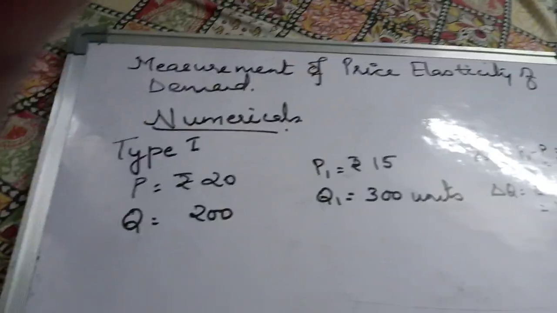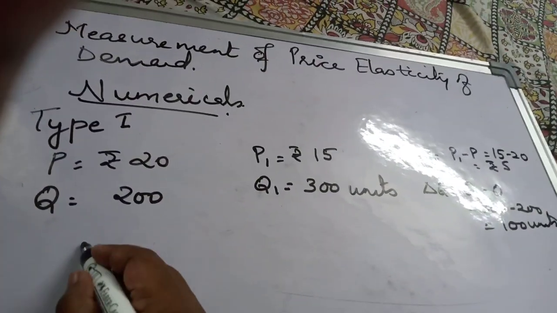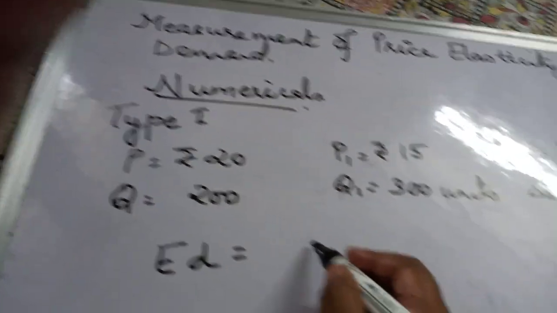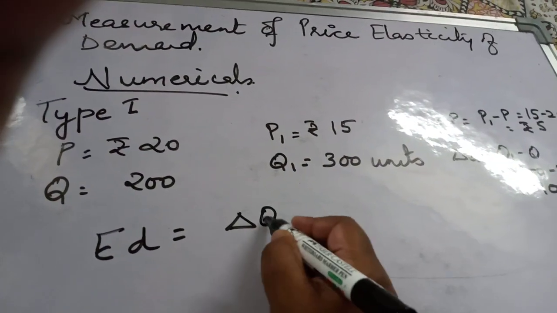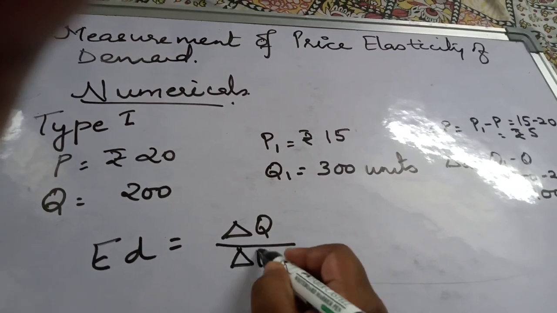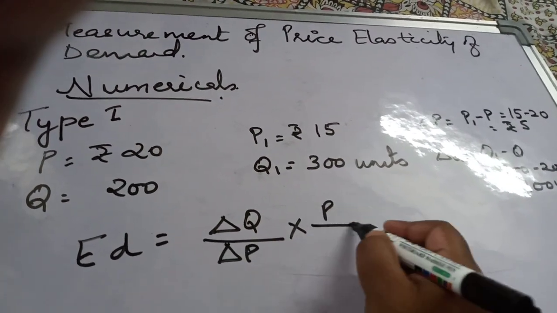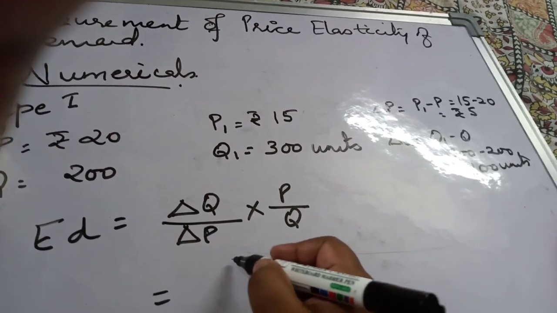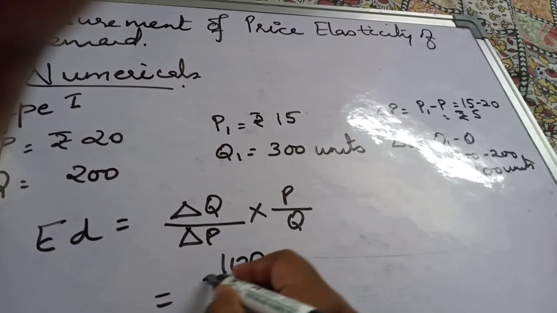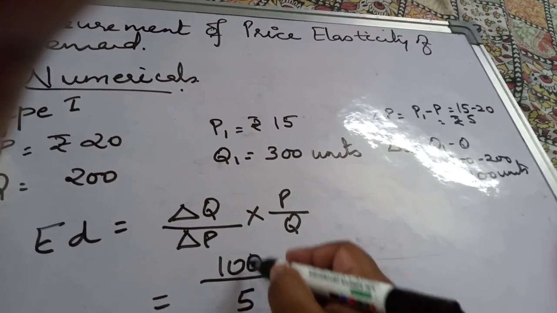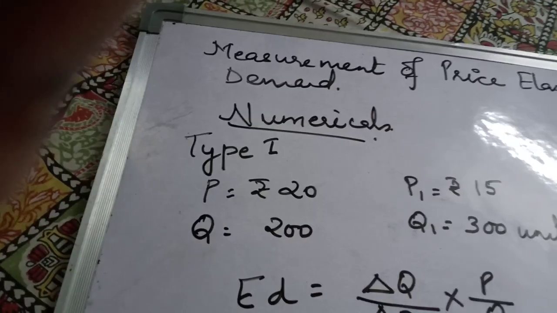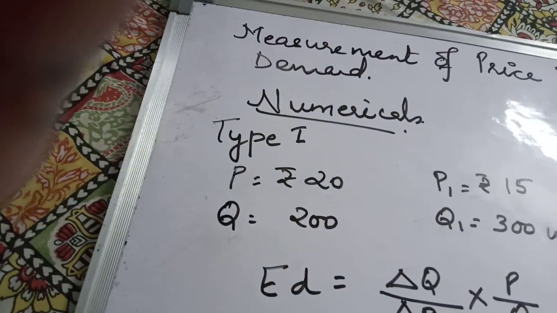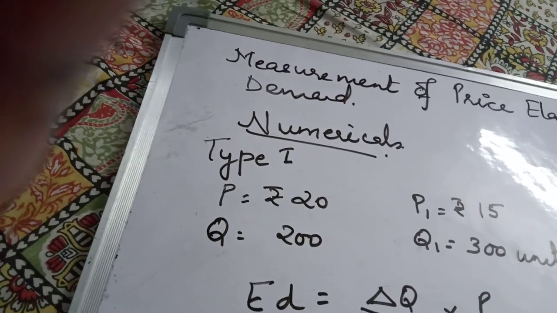Okay, so we can calculate elasticity of demand. What is the formula for elasticity of demand? We've done that earlier. Delta Q upon delta P into P by Q, which is equal to 100 upon 5, into original price 20 divided by original quantity 200.